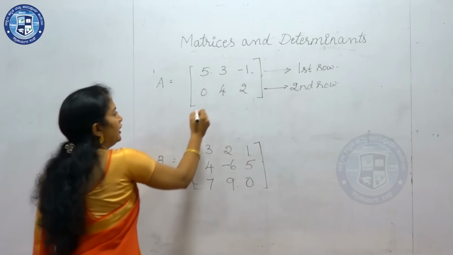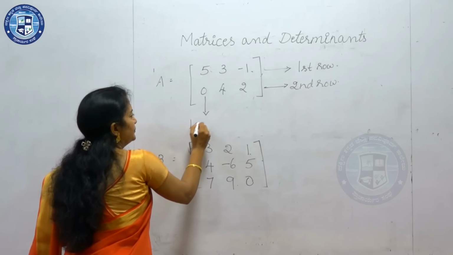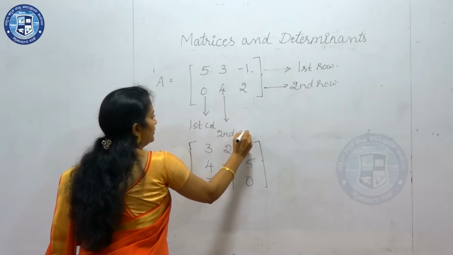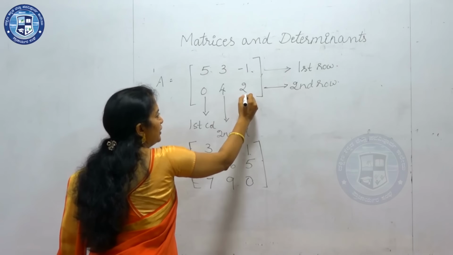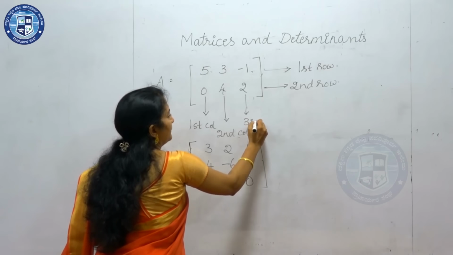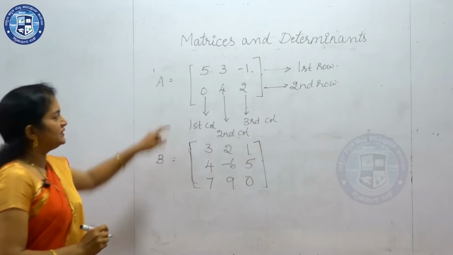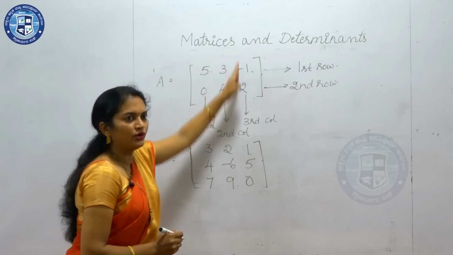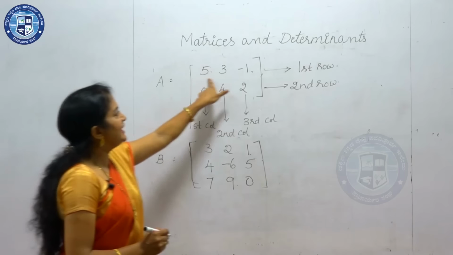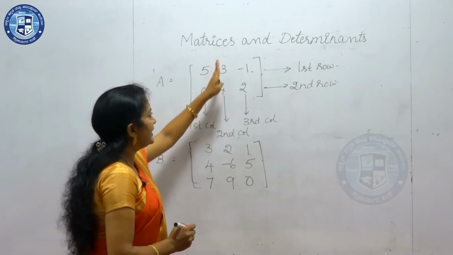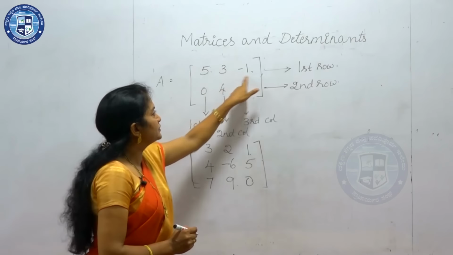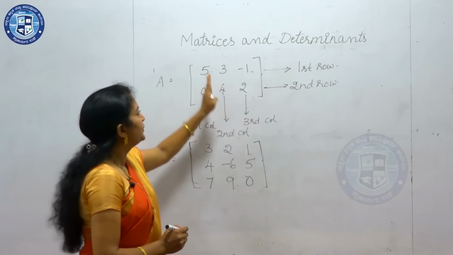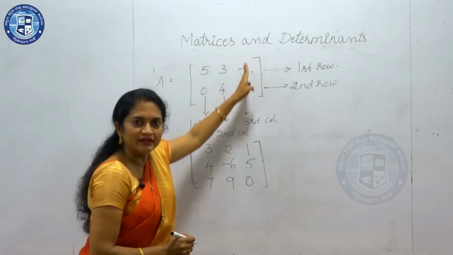Now 5, 0 are forming the first column, this is forming the second column, and -1 and 2 are forming the third column. So this matrix has 2 rows and 3 columns. I repeat, the horizontal lines are called rows and the vertical lines are called columns. Here there are 2 horizontal rows: this is the first row and this is the second row, and the first column, second column and the third column.